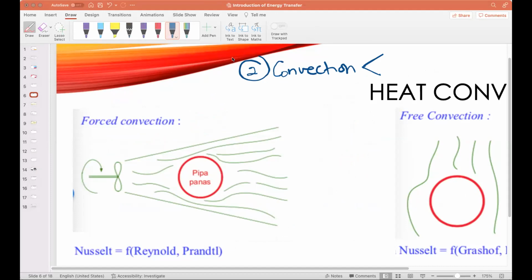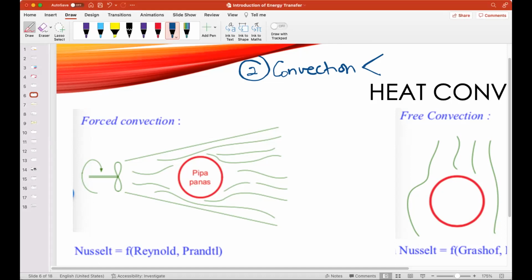The Nusselt number, like all of these, is a dimensionless number. Let me write it here.